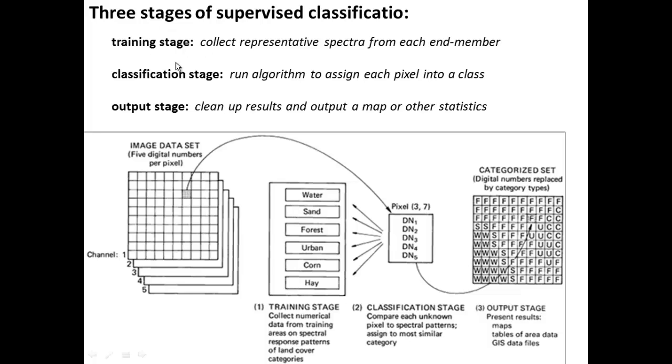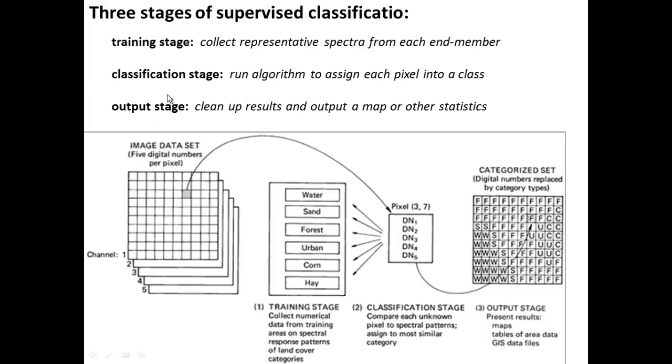There are three different stages of supervised classification. We've got the training stage, where we draw polygons around our end-member surface types and collect the spectral reflectance data from those that we'll then use in our separability plot. Once we have our training data, the next step is a classification stage, where we use some algorithm to divide the different classes and assign each pixel into a class.